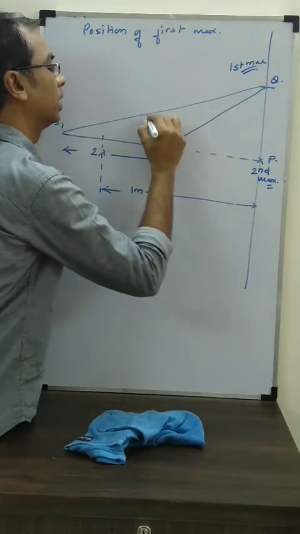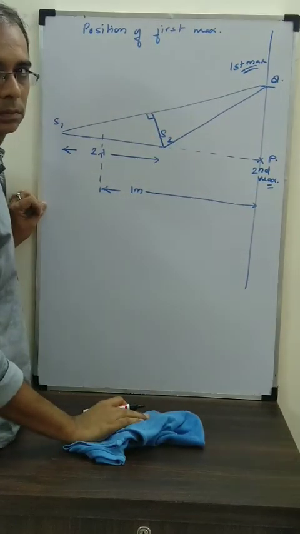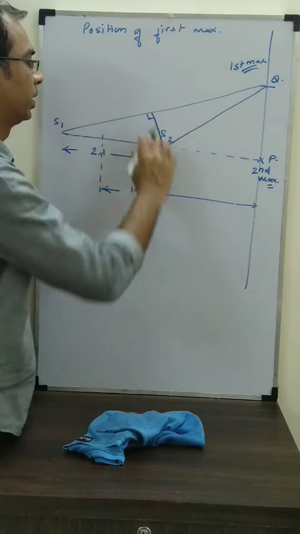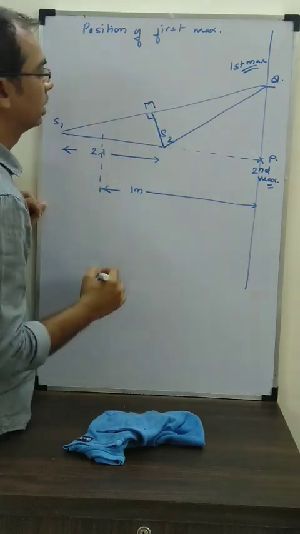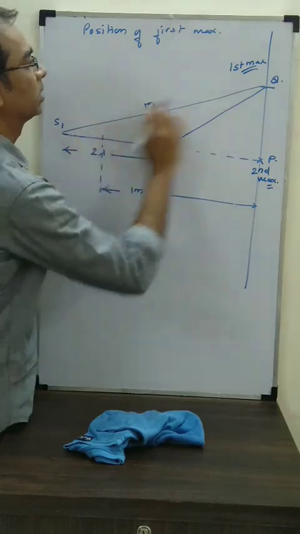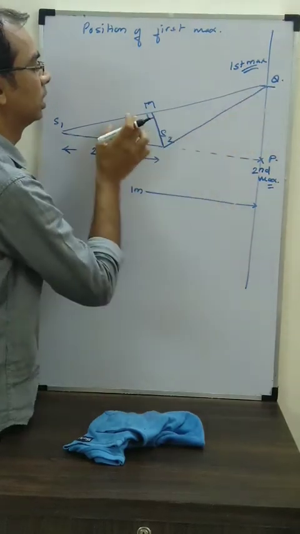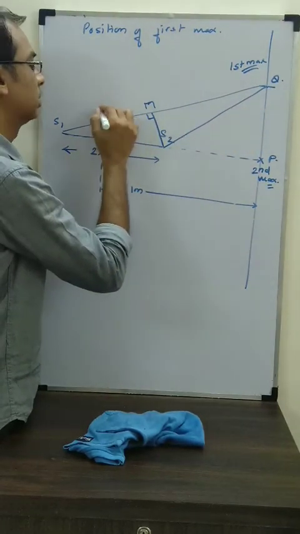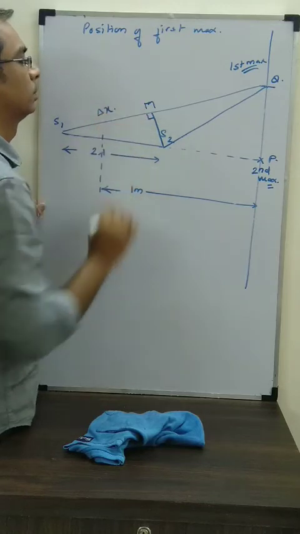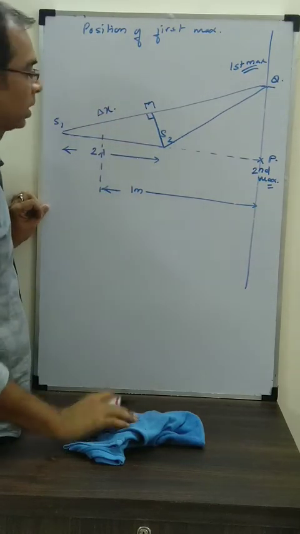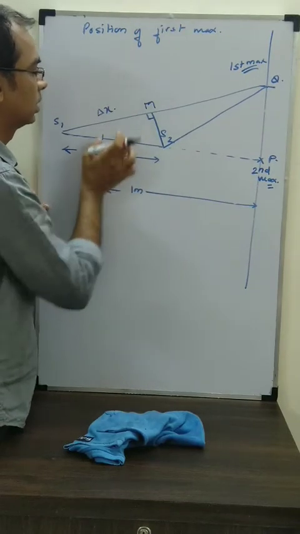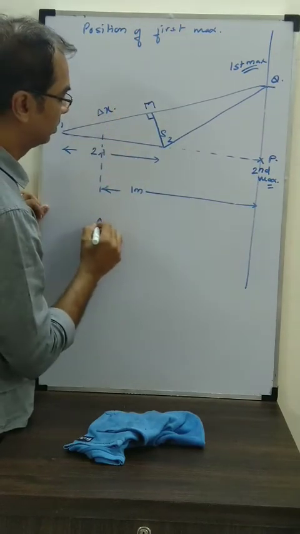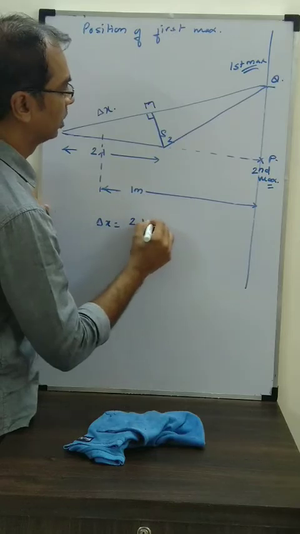Drop a perpendicular like this. Let's say this is M. Now the path difference between S1Q and S2Q is actually equal to S1M. This is the path difference. And see this right angle triangle. If this is 2 lambda, then this delta x will become 2 lambda cos theta.